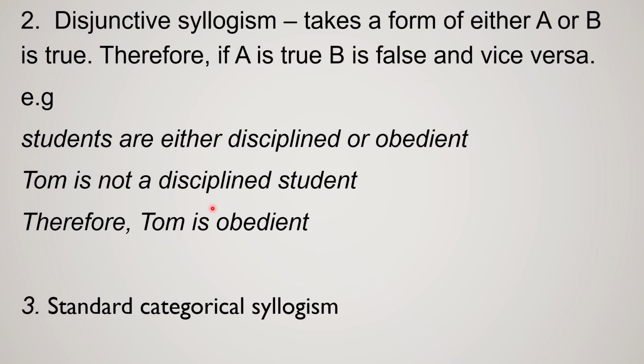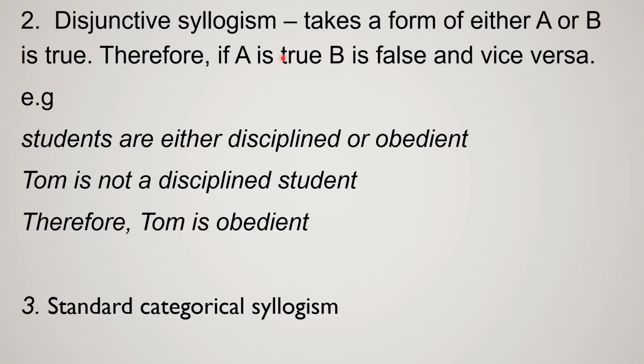Tom is not a disciplined student. Therefore, we can conclude that Tom is obedient. So in this case, Tom has been termed as obedient because he is not a disciplined student, because a student is either disciplined or obedient.